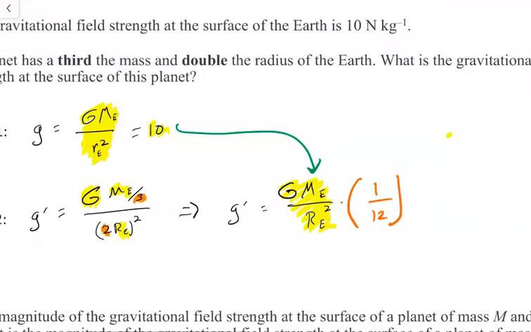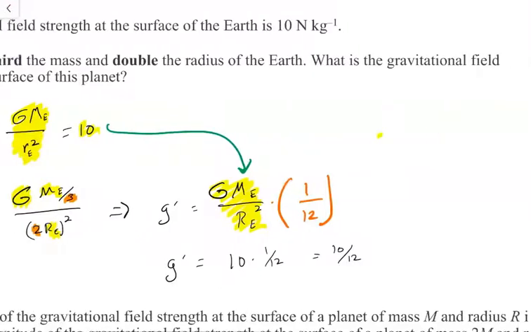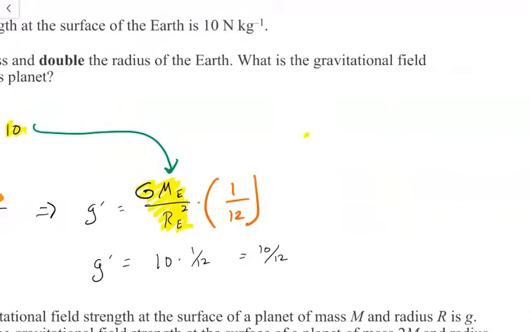And I get G prime is equal to 10 times 1/12. So it's equal to 10/12. And then solve for whatever that is, 10 divided by 12, we'd have an acceleration. G prime is equal to 0.833 newtons per kilogram.